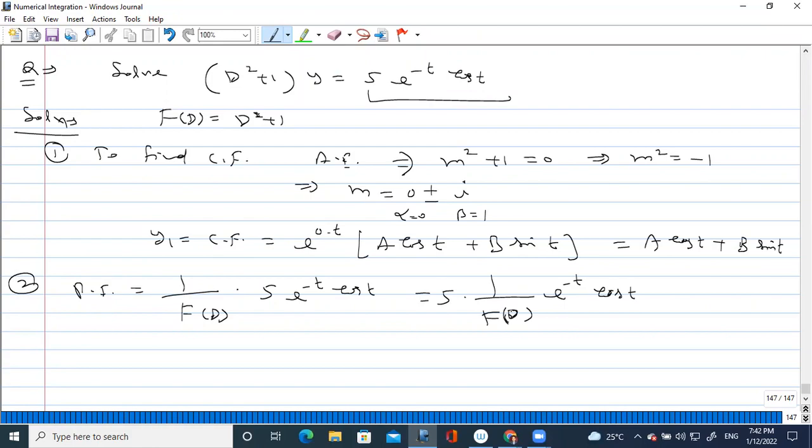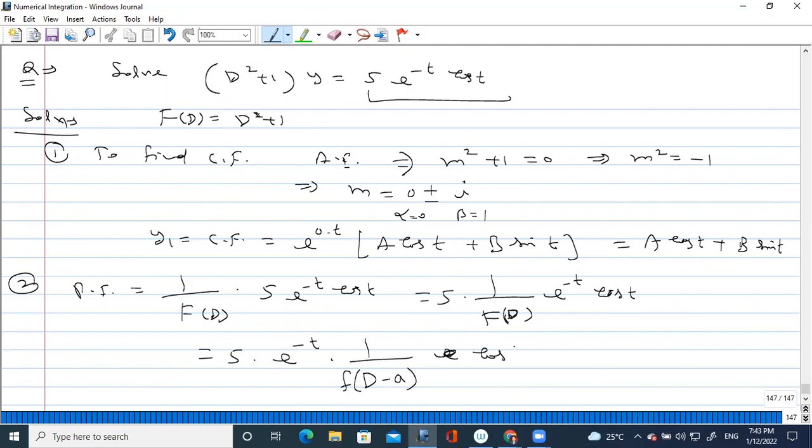I told you that if an exponential term is in the multiplication, it can be crossed through this operator by placing D equal to D plus a. So here a is minus 1. So what you can do, it will be 5 into e to the power minus t into 1 upon f(D minus a).